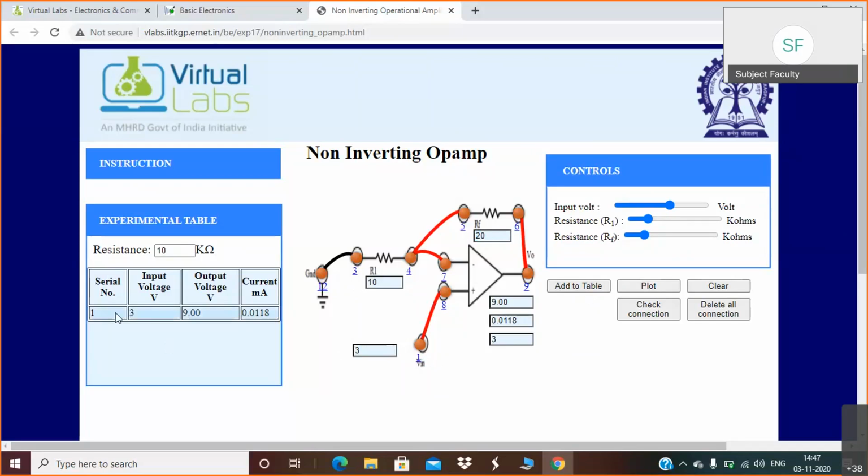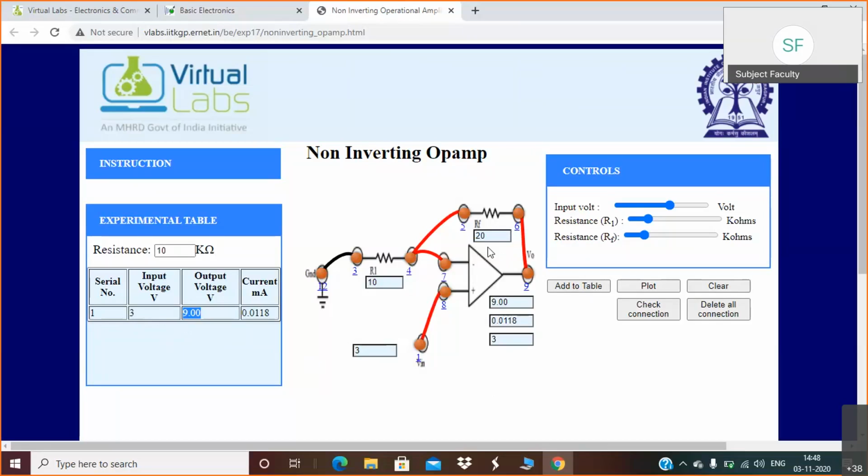So here you can observe input voltage was 3 volt. For 3 volt of input, I am getting output voltage equal to 9. Right? That means the gain is 3 times. So the gain is nothing but 3. But we know what is the formula for gain? 1 plus RF upon R1.